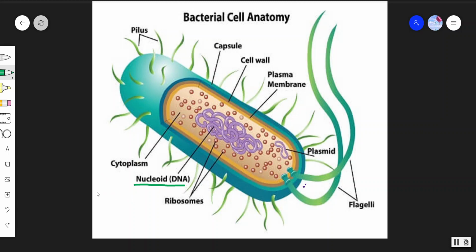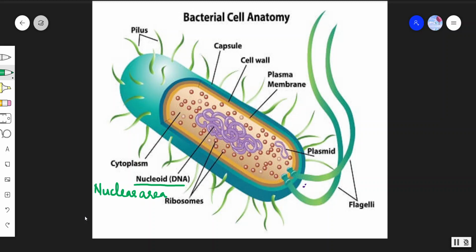This is the nuclear area, and it is an amorphous lobular mass of fibrillar chromatin type material, or say genophore, which actually occupies 10 to 20% of the cell. It's nothing but a mass of chromatin which is present in the cytoplasm of bacteria, which covers around 10 to 20% of the cell area.